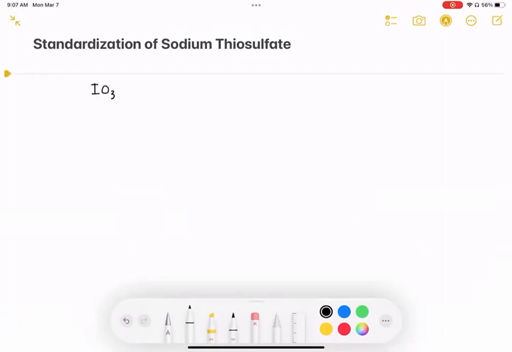So IO3 minus. Everything is in the aqueous phase or liquid here because it's occurring in water. What's happening here is we are doing a redox reaction and it's catalyzed by acid, so that's why we add the HCl.